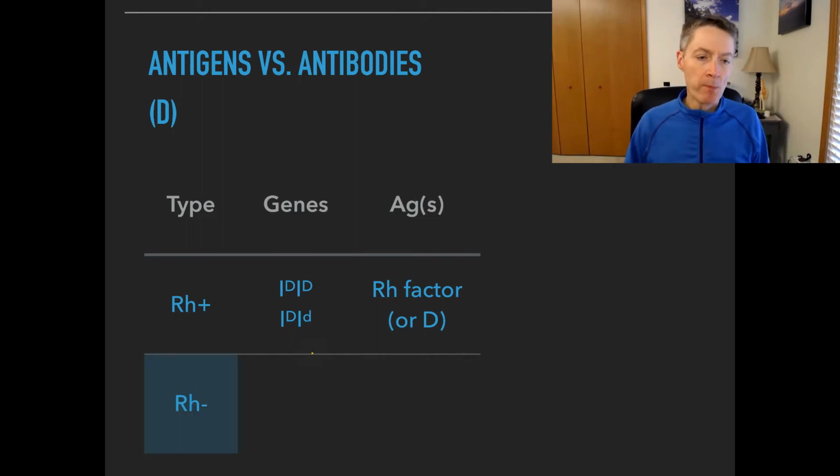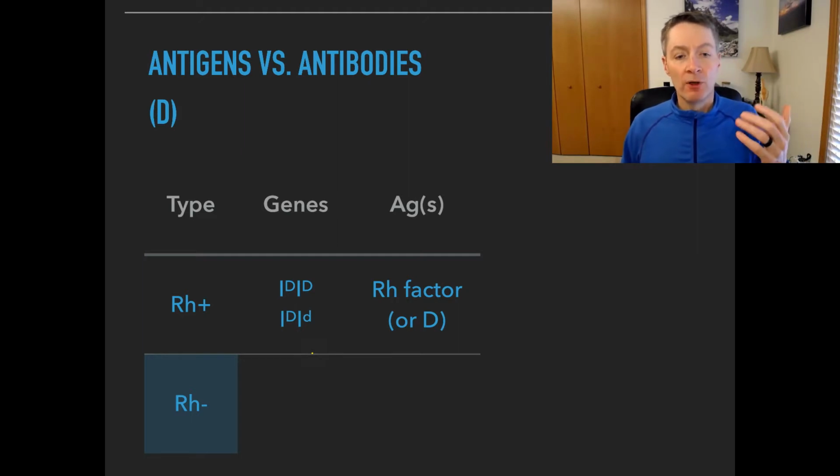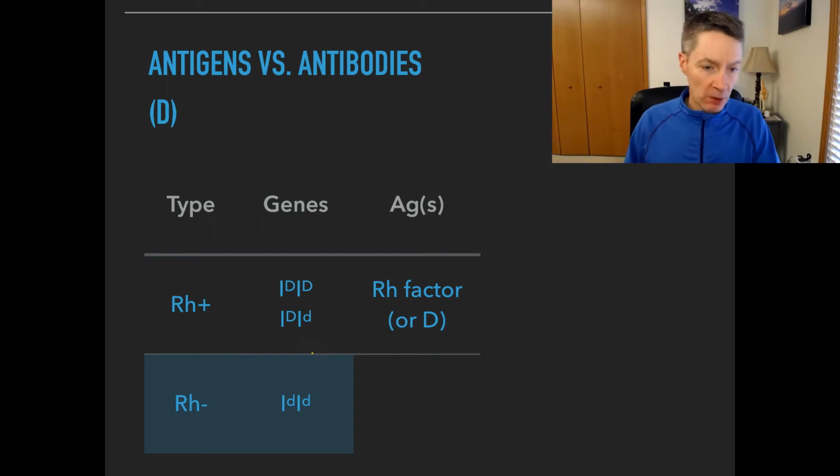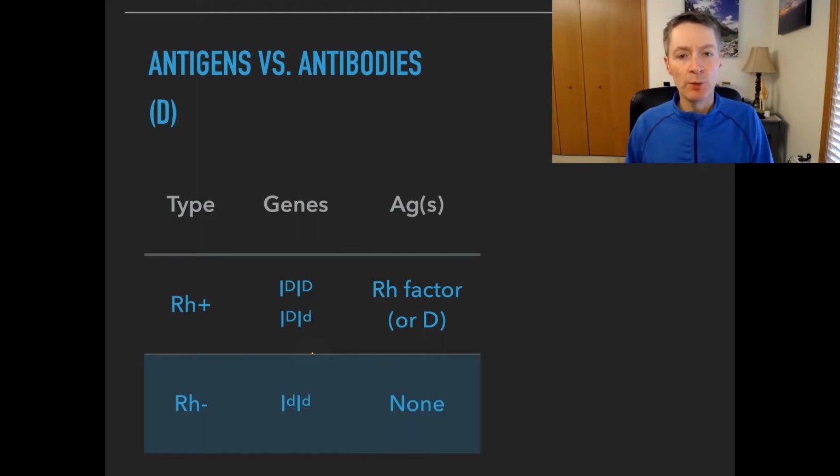Okay? Now, the only way to be Rh negative would be to have two genes, neither of which give the Rh factor, lowercase d, little lowercase letters here for being recessive, and you'd have none of these antigens.